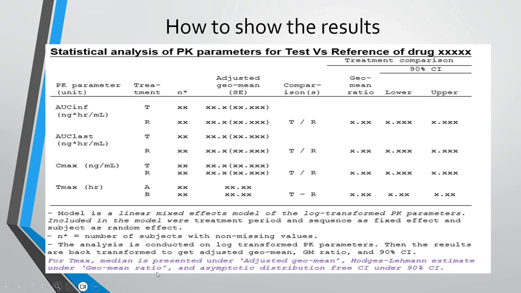The Hodges-Lehmann estimate has been calculated and its confidence interval presented. This is a copy from one of the corporates who worked on this equivalence trial, and they would like to present their results to the authority in such a format.